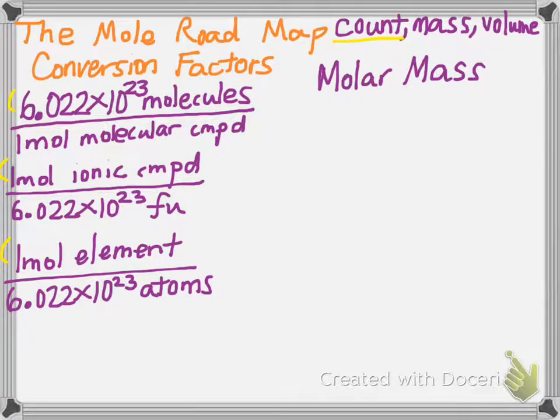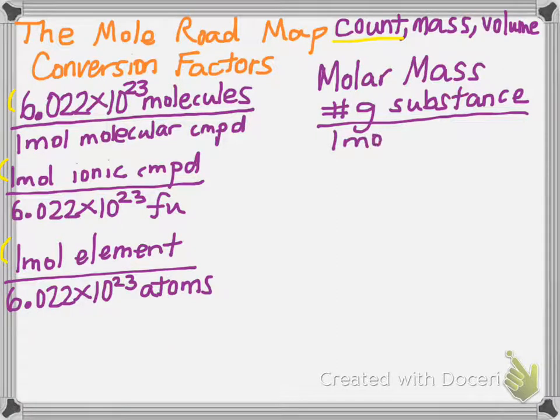And our conversion factor for molar mass is some number of grams of a substance over 1 mole of that same substance. Again, remember, this number comes from our periodic table. And to get that number, we have to correctly have written the chemical formula for our substance.